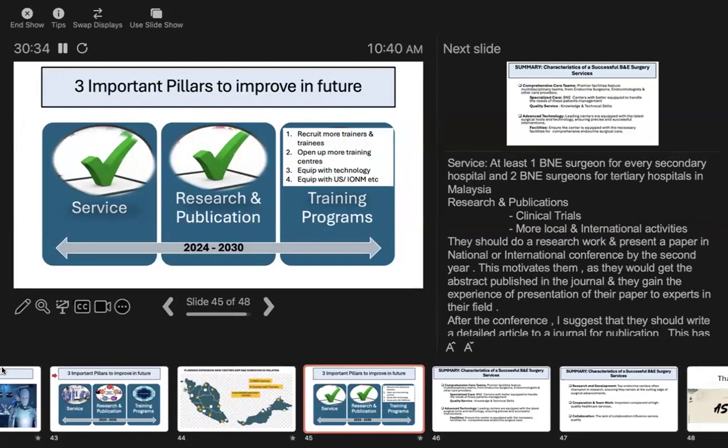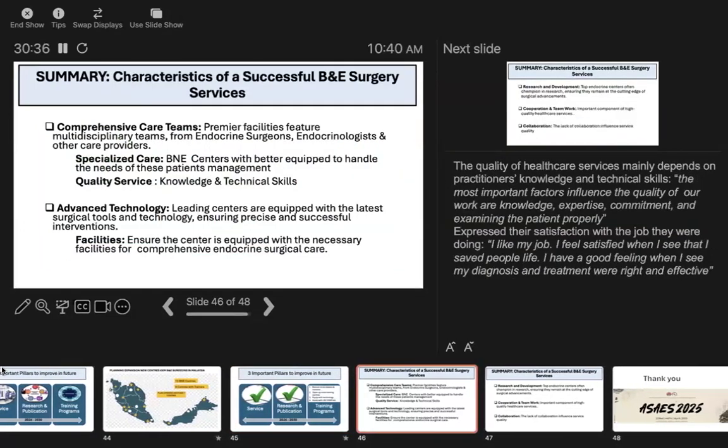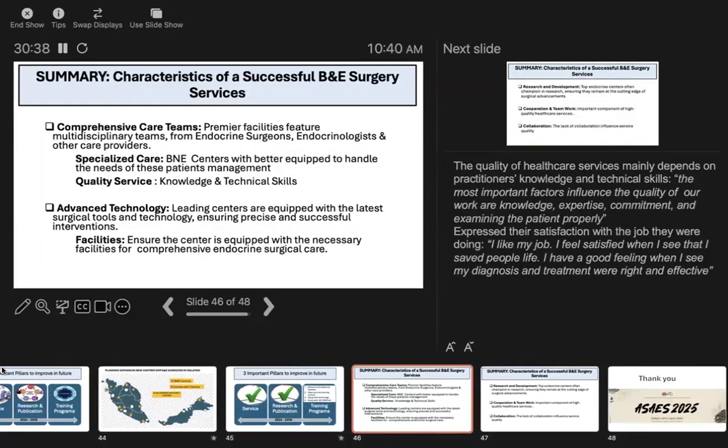Finally, the summary. To have a very successful BNE service, we should have a comprehensive team of members and continue specialized care, equipped with all the needs to care for our patients.